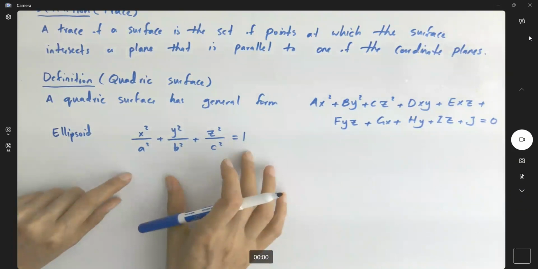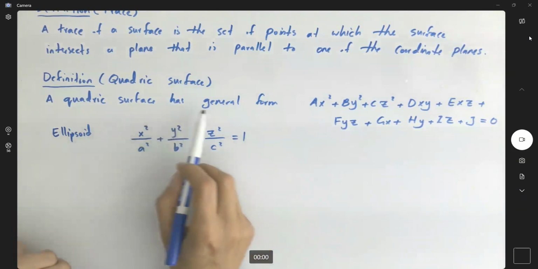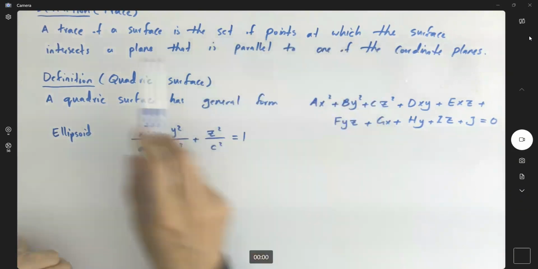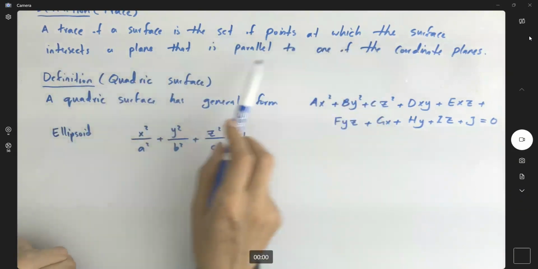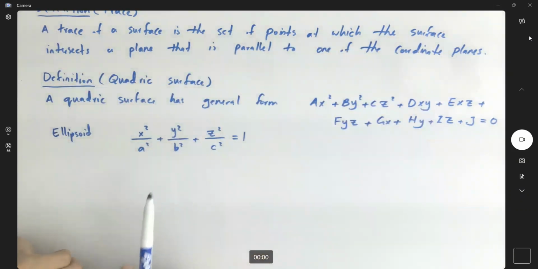If you find traces, the set of points at which the surface intersects a plane that is parallel to one of the coordinate planes, then you're going to see you have ellipses in those planes.